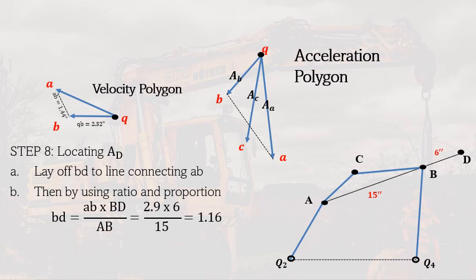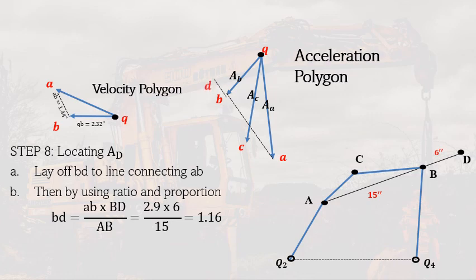So this is the AB of the acceleration polygon, not the velocity polygon. So the AB of the acceleration polygon is 2.9, and the BD is the 6" here divided by AB, which is 15. So we can get BD by ratio and proportion, and that is 1.16. Therefore, the distance of B to D is 1.16 in our acceleration polygon.